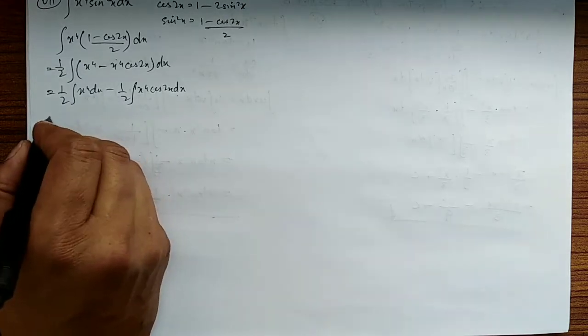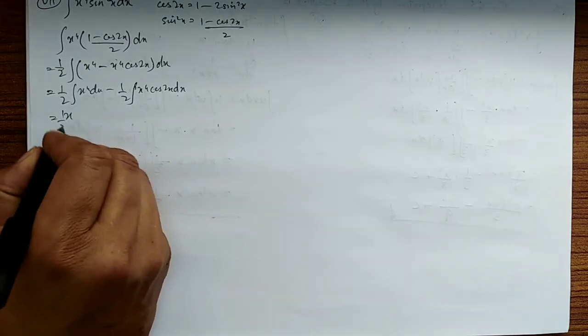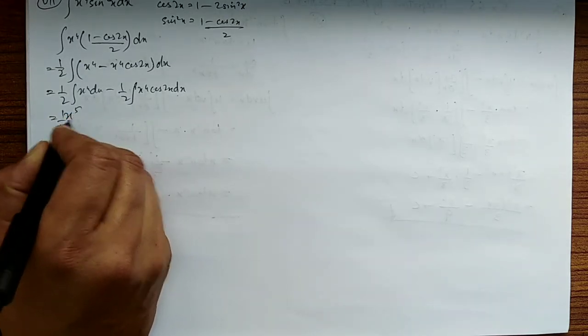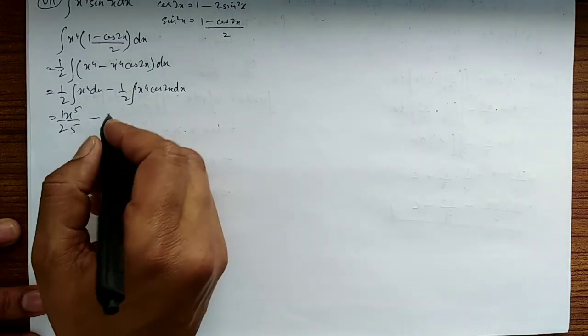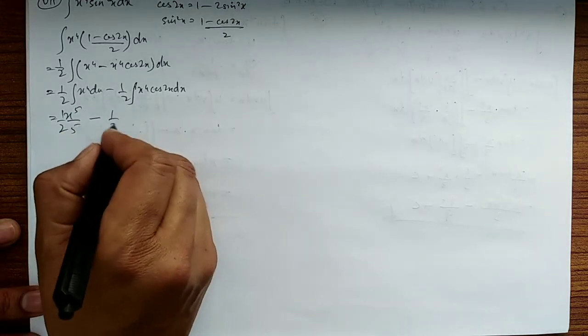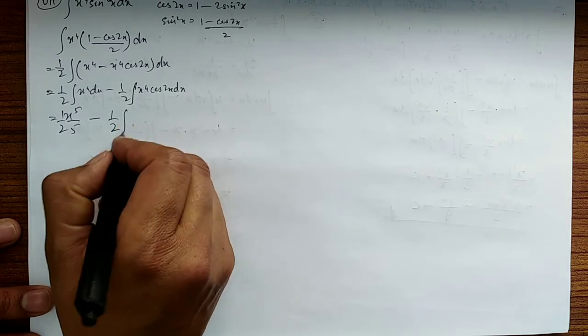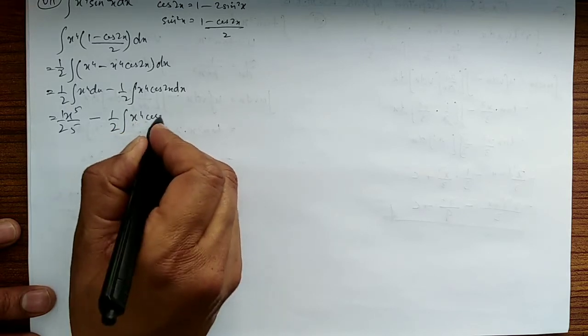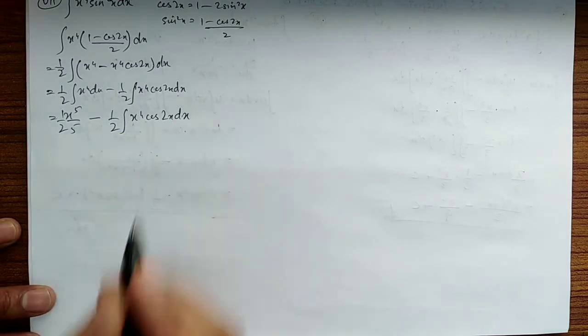So 1 upon 2 x power 5 upon 5 and minus 1 upon 2 integral of x power 4 cos of 2x dx.